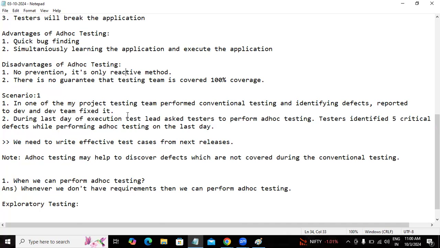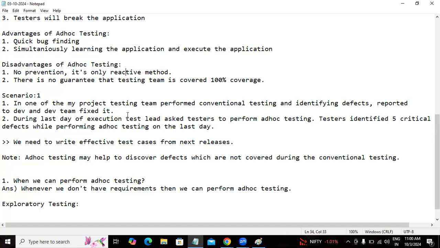Here also, in exploratory testing, we don't have requirements, guys. Exploratory and ad hoc testing, we don't have requirements. Whenever we don't have requirements, only then do we perform ad hoc and exploratory testing. Are you understanding? In exploratory testing, mainly we are exploring the application.